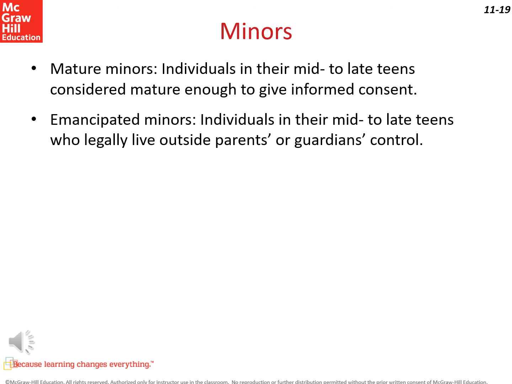Minors. Mature minors are individuals in their mid to late teens that are considered mature enough to give informed consent, while emancipated minors are those in their mid to late teens who legally live outside of their parents' or guardians' control. And they also received a judgment from a judge stating that they are considered emancipated and an adult in their full right, able to make their own decisions.